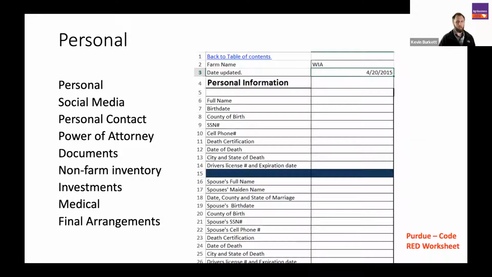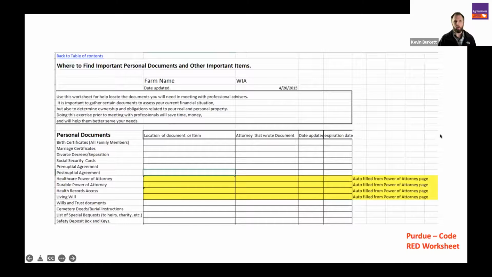It could be any of those scenarios, an accident, maybe they pass away, something like that. But having a listing of this personal information: social media, contacts, power of attorneys, documents, possible medical conditions that are important to know about, or even possibly final arrangements.